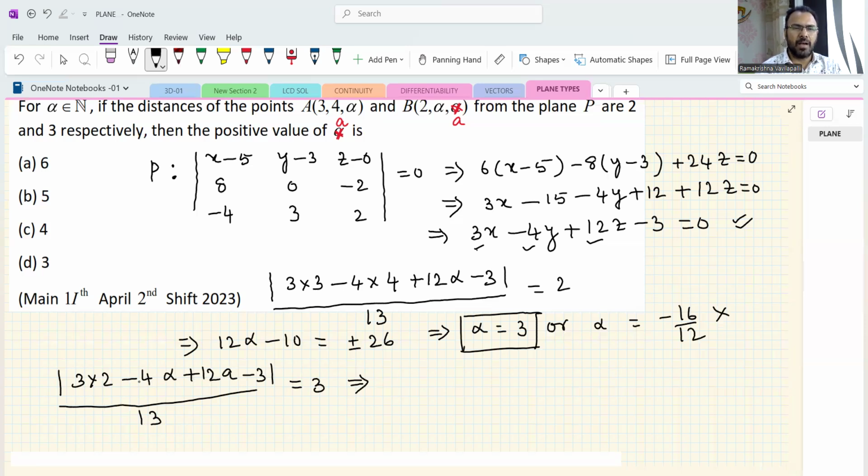Okay. Here you see that alpha is equal to 3. You substitute alpha is equal to 3. This is 6 minus 12 minus 15, 9 plus 12A is equal to plus or minus 39.